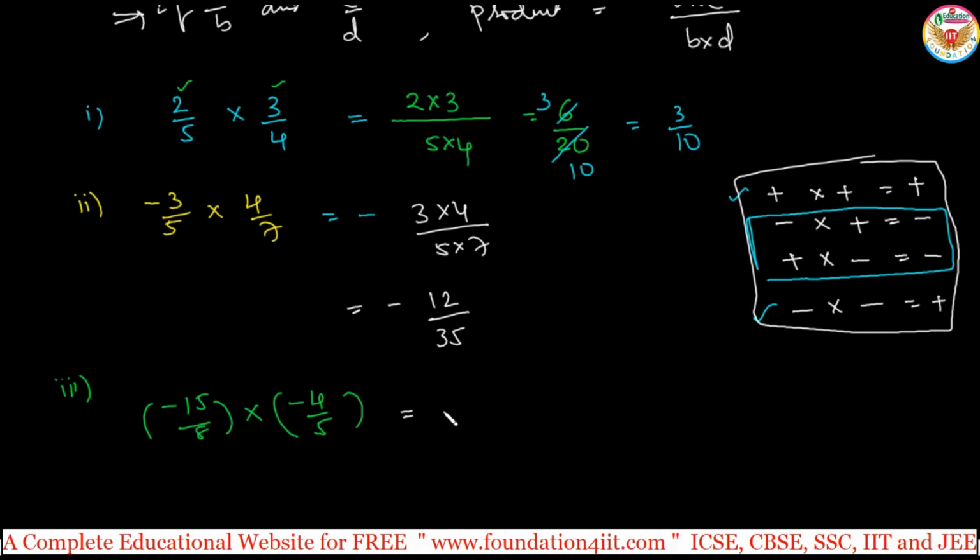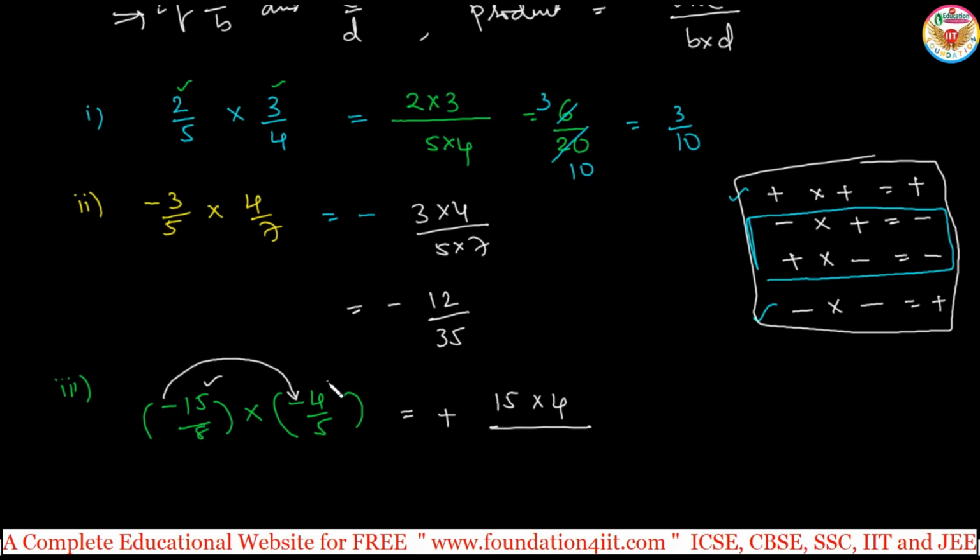Minus into minus is plus. In general, a plus sign need not be kept, I am just keeping it for understanding. The numerators are 15 and 4. Don't take minus 15 and minus 4 again, because I already multiplied the sign. Minus into minus is plus.